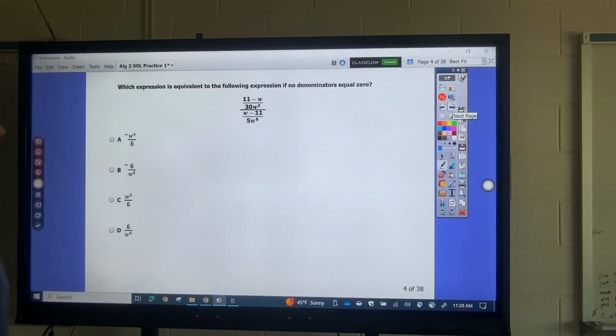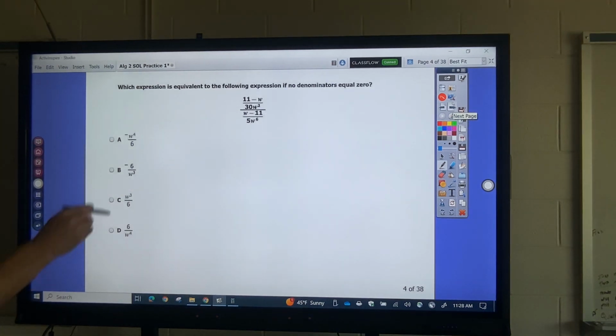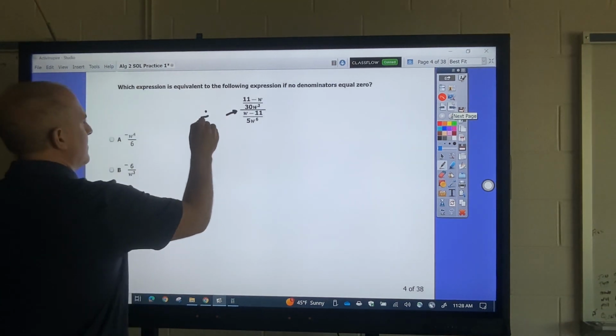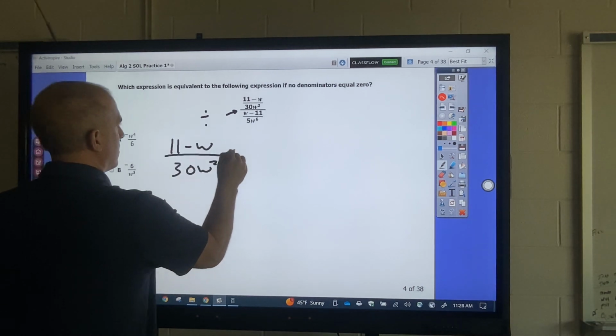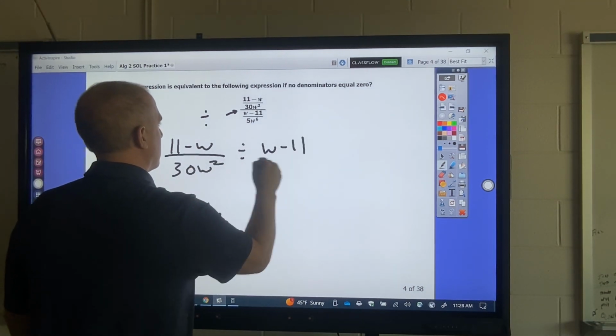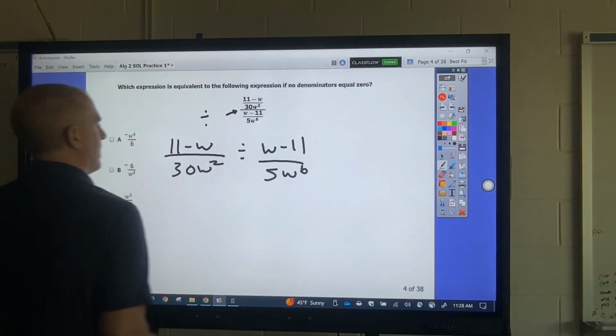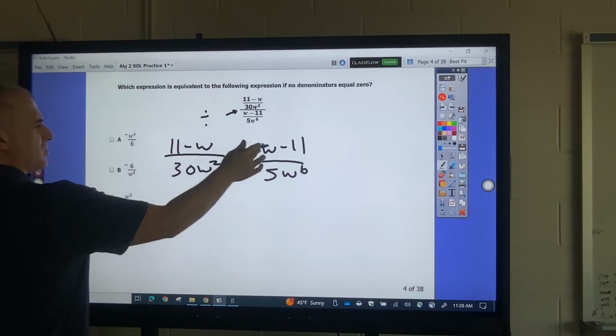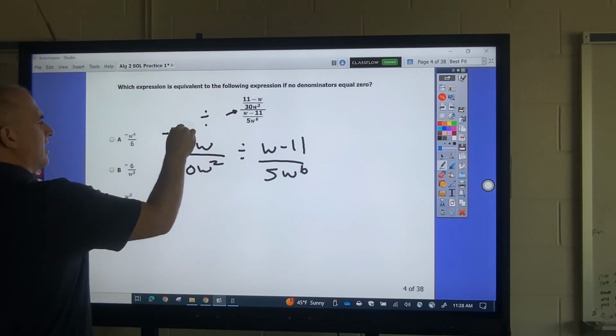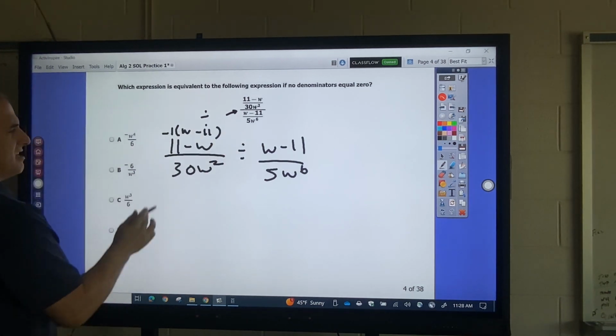Okay, all right. What is equivalent? So what we got to think about is what does that line mean? It means division. All right. Now, what's the rules? Well, see if you can reduce this one. See how this one sort of looks like that? I would take out a -1 and make that division.